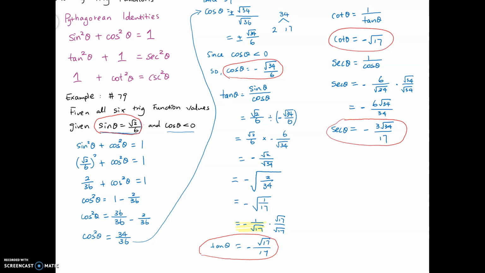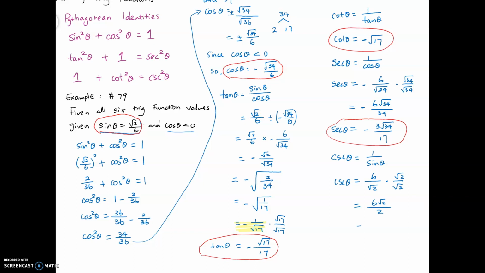And then the last one is cosecant theta, which is 1 over sine theta. Sine theta is square root 2 over 6, so it becomes 6 over square root 2. Rationalize the denominator. We end up with 6 square root 2 over 2.